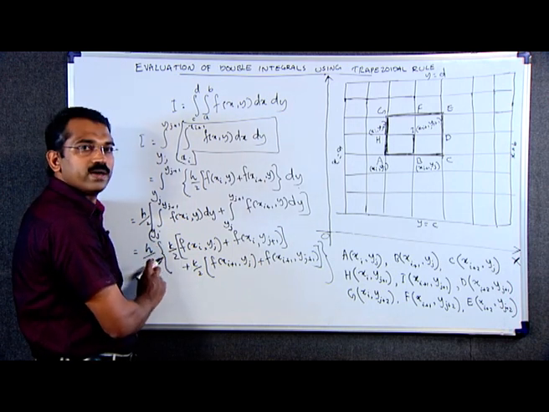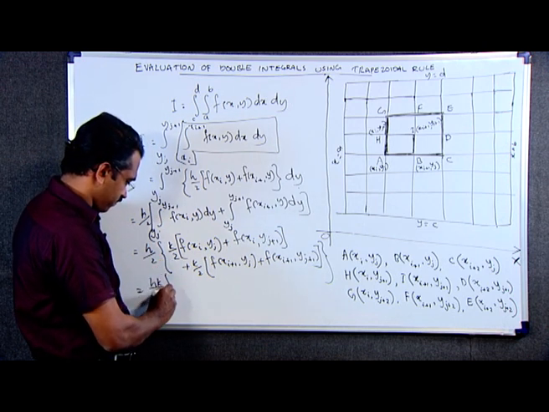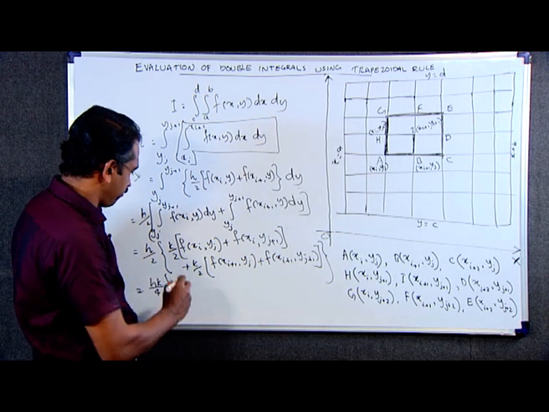h into k divided by 4 into f of i comma j.